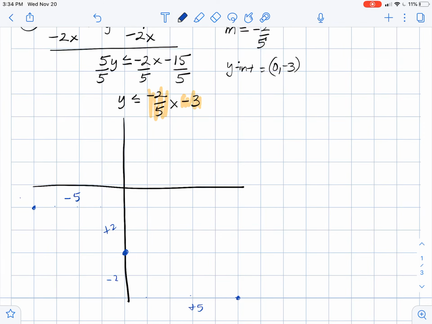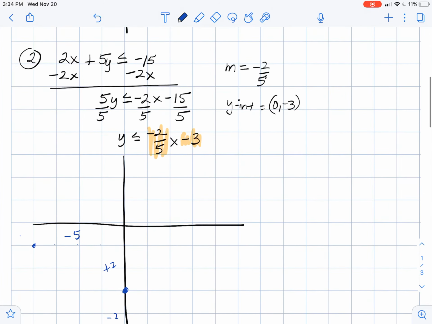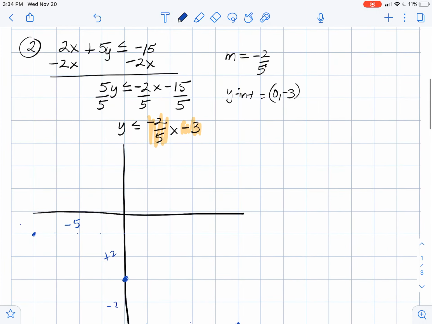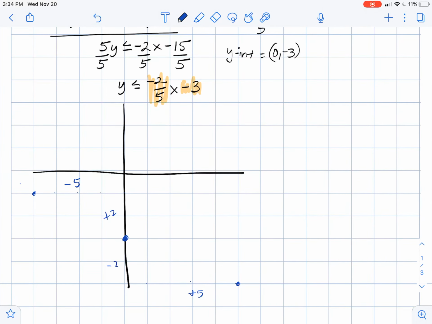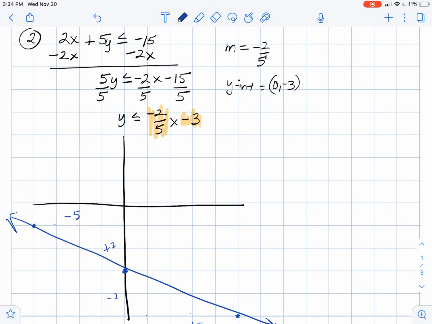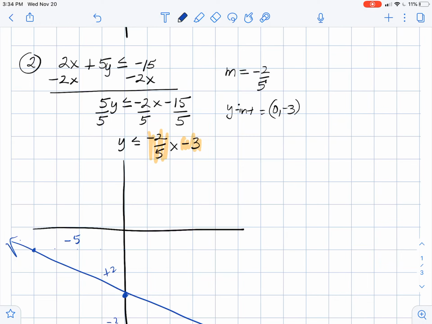Either way, I'm going to look back at my problem. It is an equal to, so I'm going to draw my line, put my arrows on the end. Now I'm going to go in and I'm going to test 0, 0. So I'm going to put a 0 for the x. I'm going to put a 0 for the y.